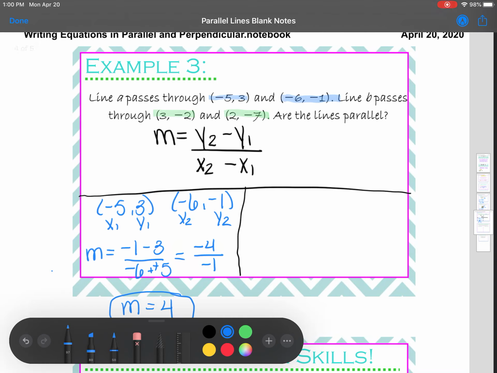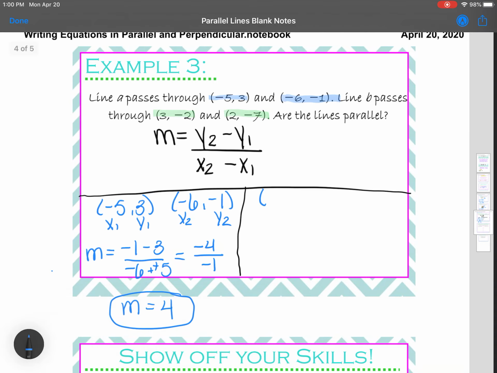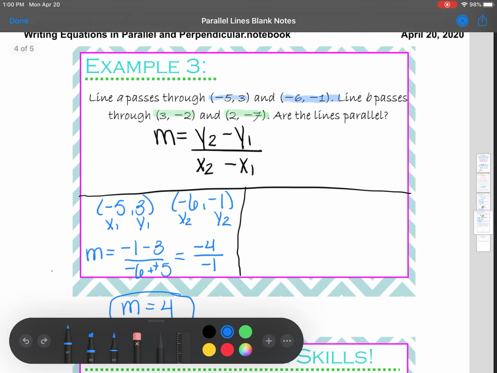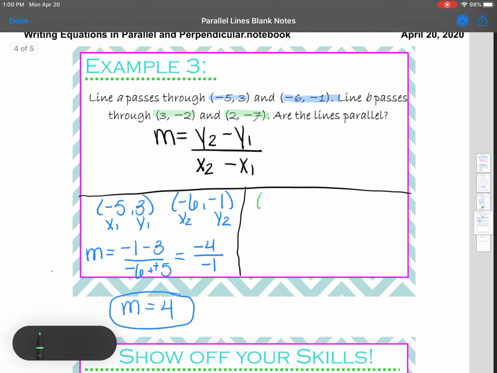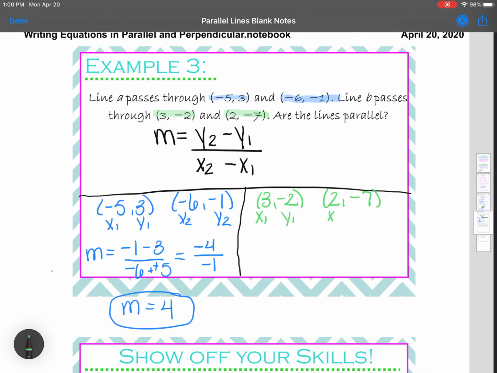All right, now going into my greens, I have 3, negative 2, and I have 2, negative 7. Labeling x1, y1, x2, y2.